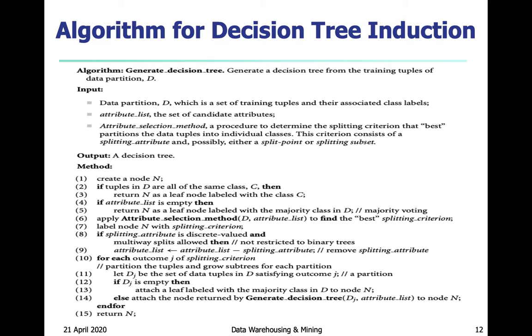The splitting criteria also tells us which branches to grow from node n with respect to the outcomes of the chosen test. More specifically, the splitting criteria indicates the splitting attribute and may also indicate either a split point or the splitting subset.